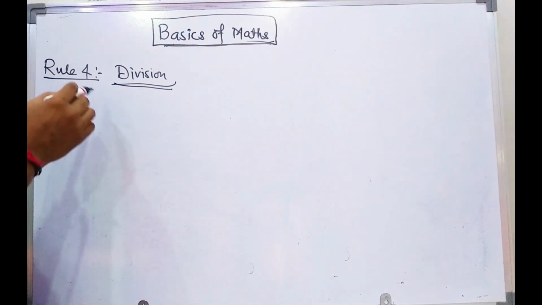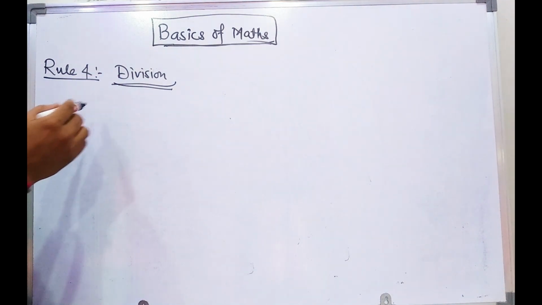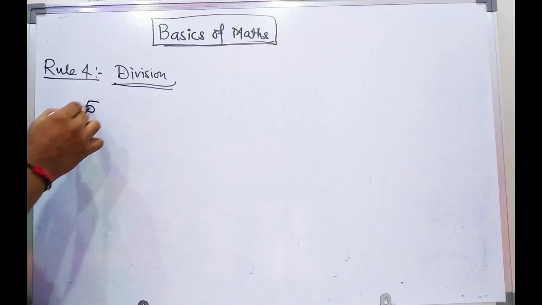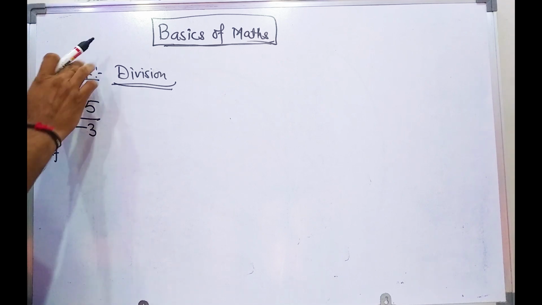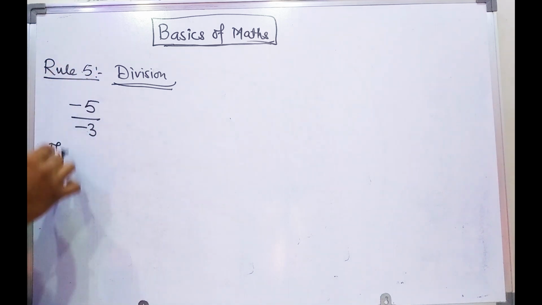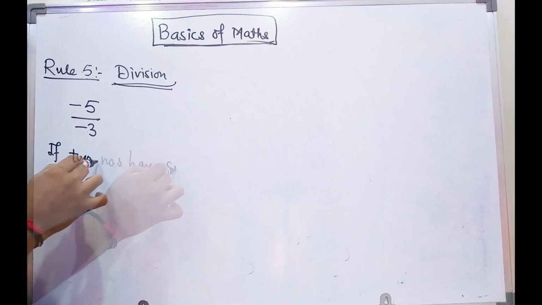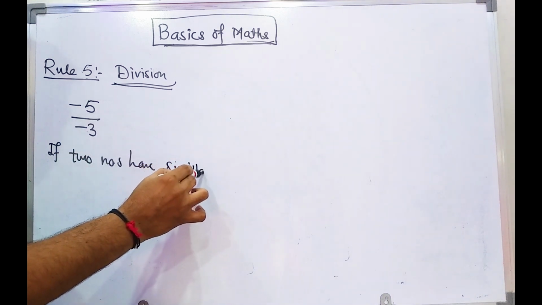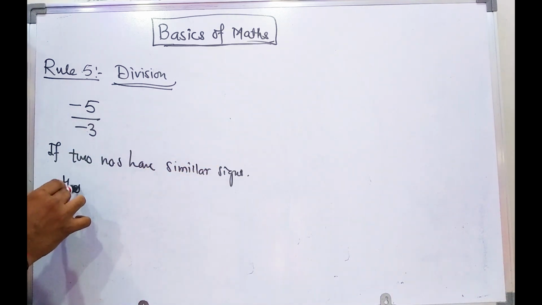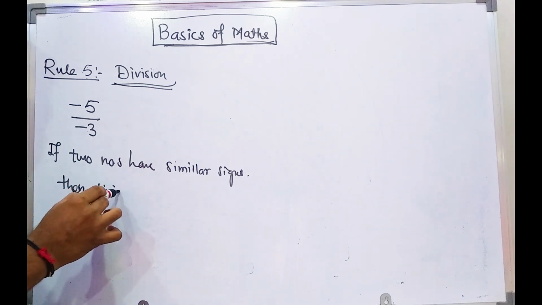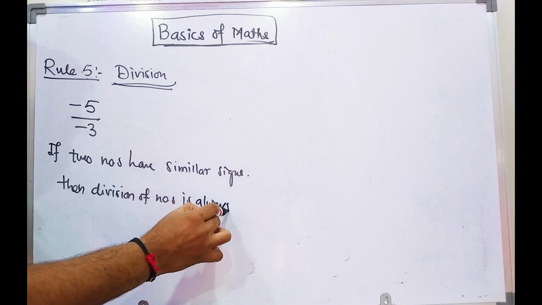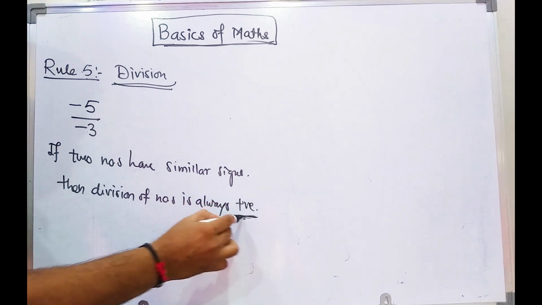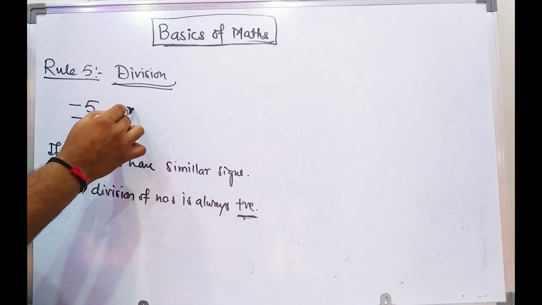So the division of these two numbers having opposite signs is negative. Okay. Now let us see what will be the division of two numbers having the same sign. -5 and -3. So your rule number 5 is there. If two numbers have similar signs or same signs, then the division of these two numbers is always positive.